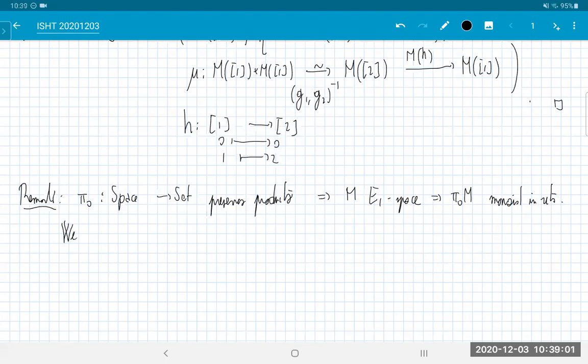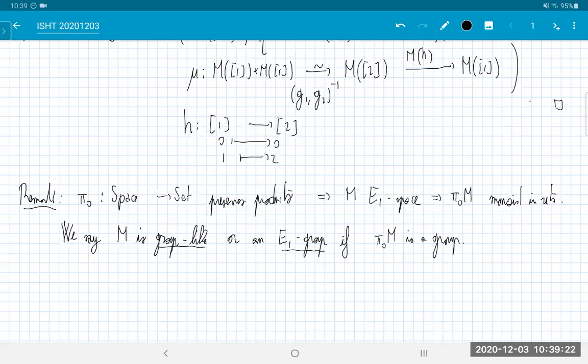And so we say M is group-like, or an E1 group, if pi0 of M is a group. There are a bunch of equivalent ways of phrasing this definition, but that's the definition I want to take for now. And that's a correct notion of non-commutative group in this infinity categorical setting.